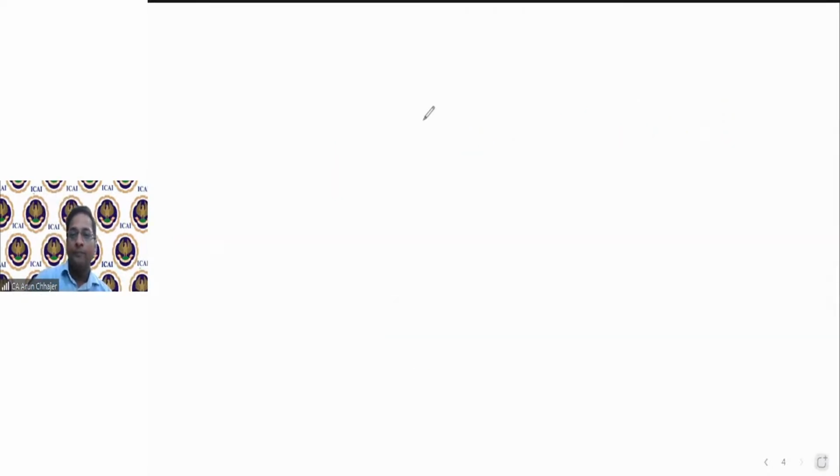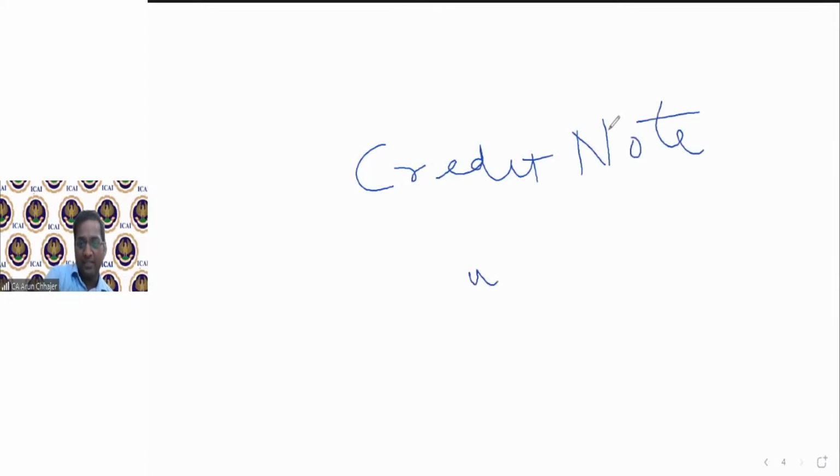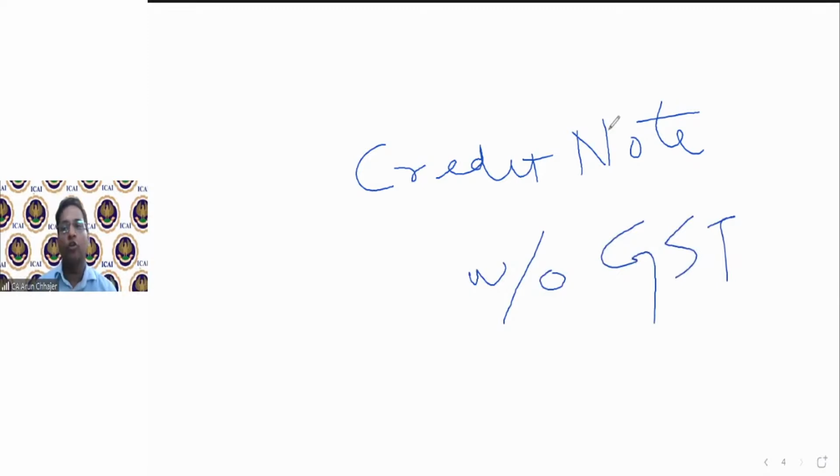Now, if the credit note is without GST, it is called a financial credit note or commercial credit note.